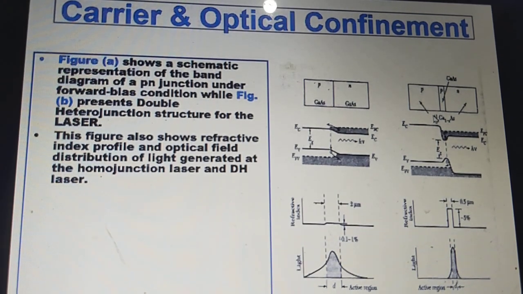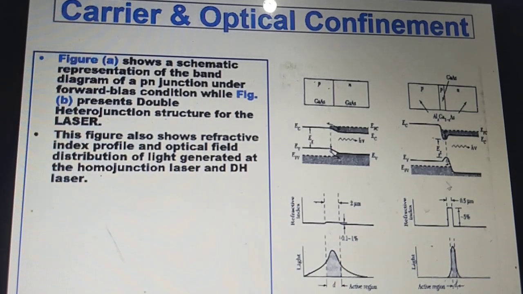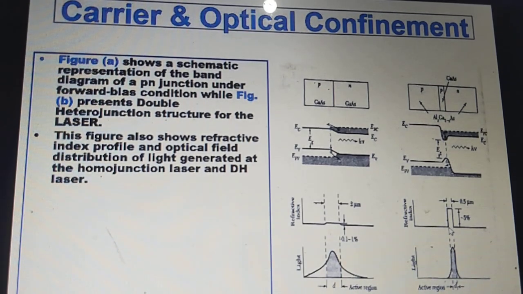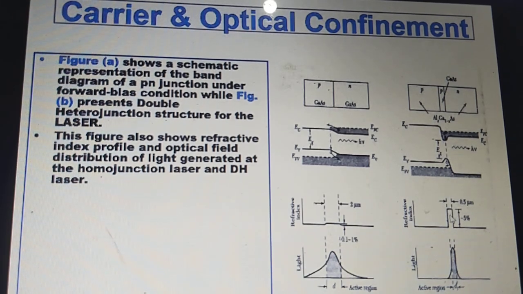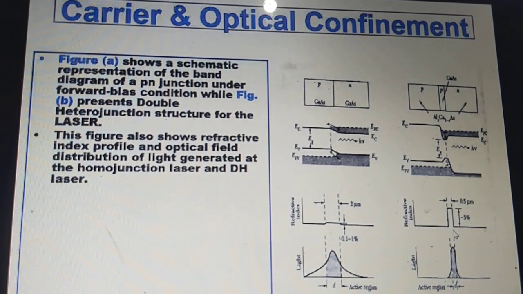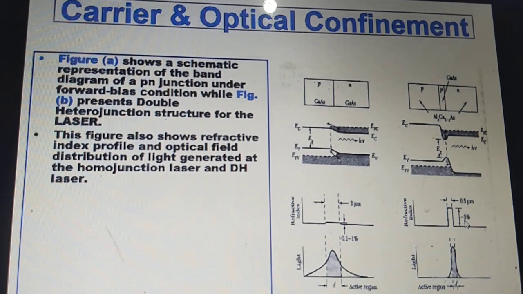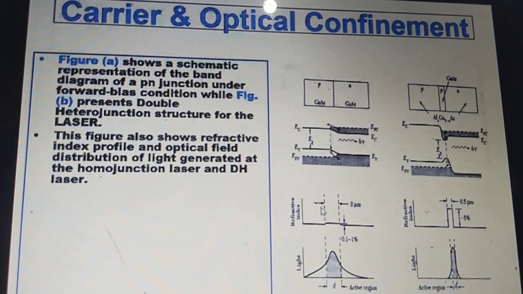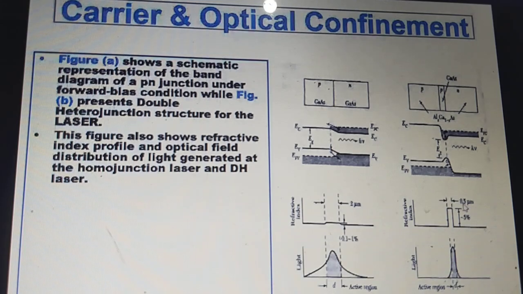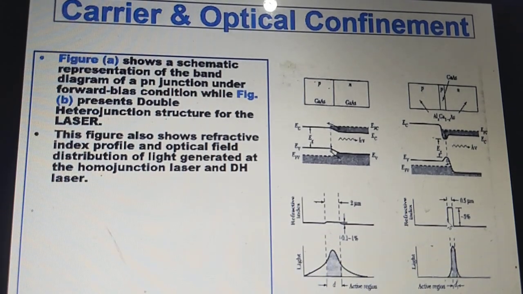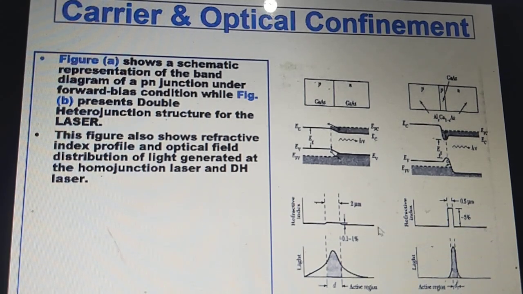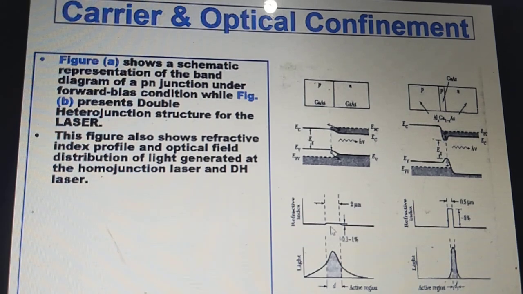Whereas in PN DH lasers, in the transition region, you see the refractive index value is quite high, 5% high, and the transition region here is quite wide, 2 micrometer, here it is 0.5 micrometer. So in the DH laser the width is low, whereas the step is high in comparison to the homojunction laser.